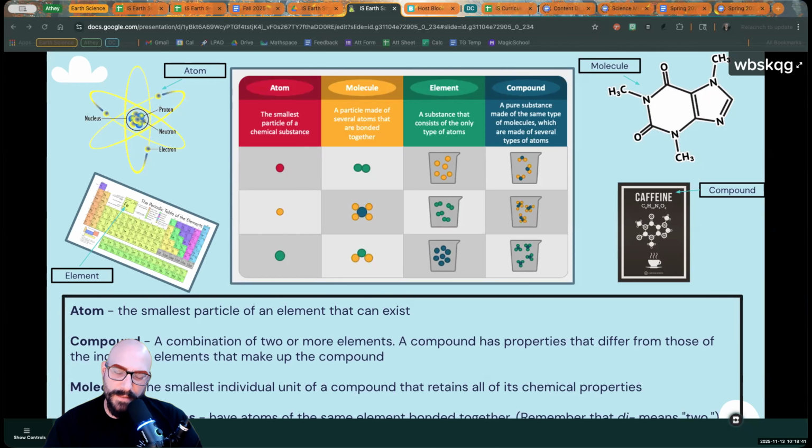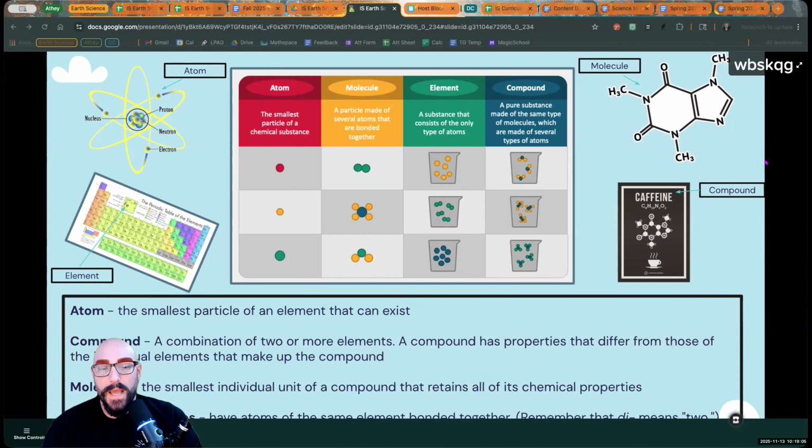So let me give you an example. A molecule is going to be the smallest unit of a compound. Sodium chloride is also known as table salt. There are two atoms in sodium chloride.